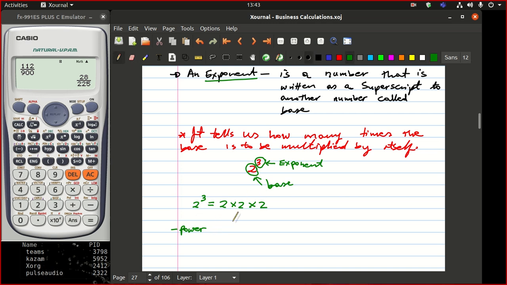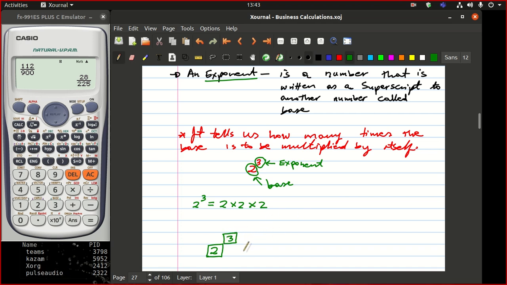A power actually refers to this whole expression here. So let's expand it and talk about everything that is happening here. We have this 2, which is inside this box, and this 3, which is inside this box.